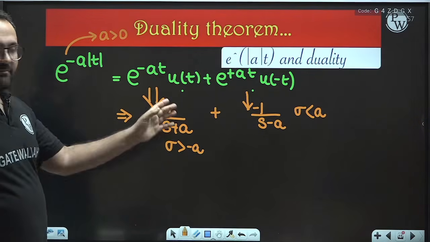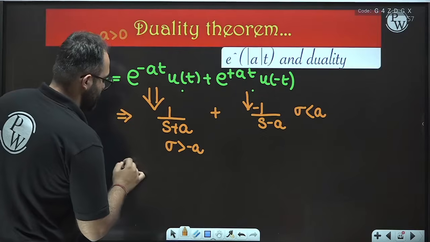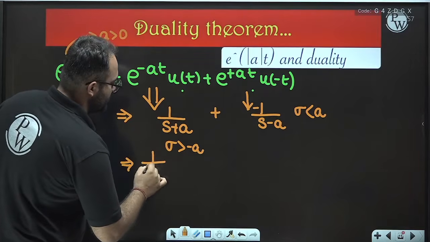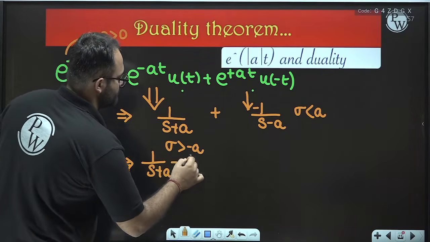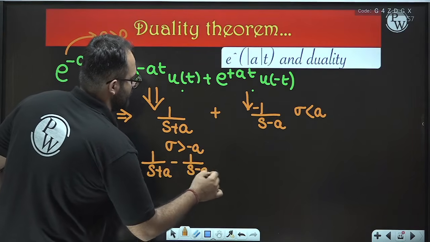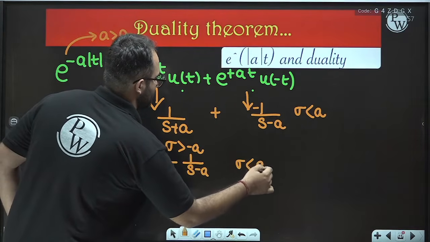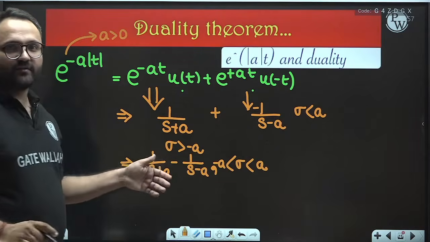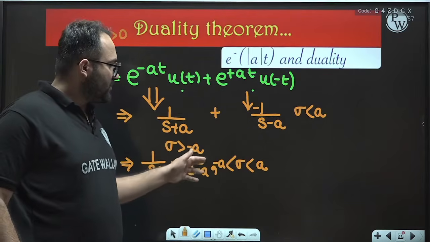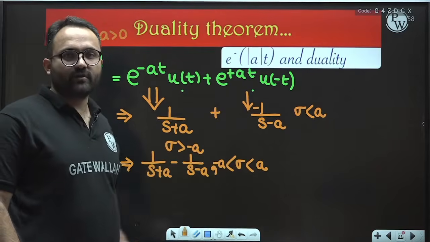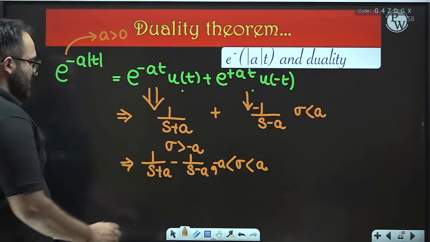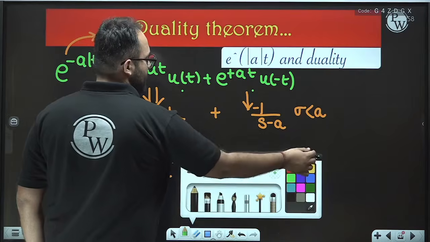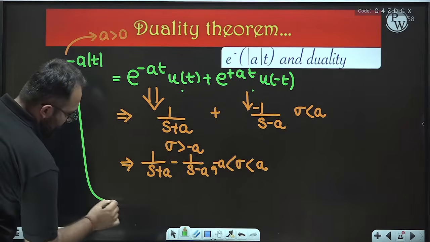So now we combine them and we can see that there is a valid ROC, and since a is positive, the ROC contains the j omega axis because it is from some negative value to some positive value. So we can say that the Fourier transform will be, simply replace s by j omega.